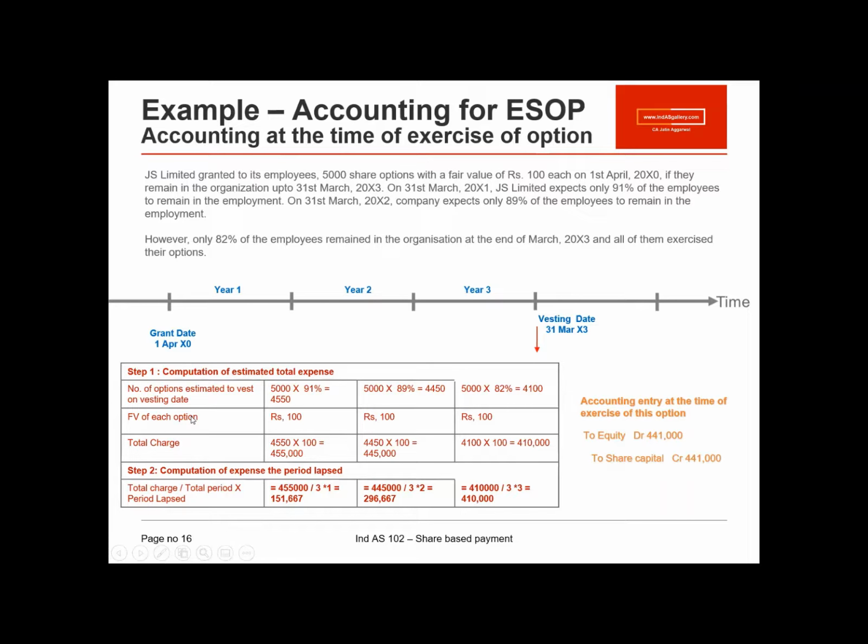As far as service condition or performance condition is concerned, these would be factored in at each reporting period, while making an estimation of the number of options that would vest as on the vesting date. That is in line number 1 in this row, right? And the rest of the mechanics remain the same.